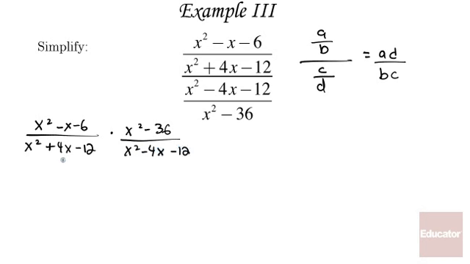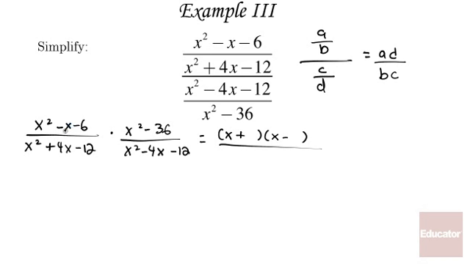I can simplify, or I can at least try, so I'm going to do some factoring and see if I can simplify. Starting out with this numerator. Well, I have a negative here, so it's going to be x plus and then x minus another term. Factors of 6. 1 and 6. Those seem too far apart to add up to -1.